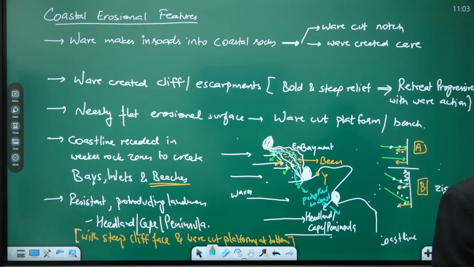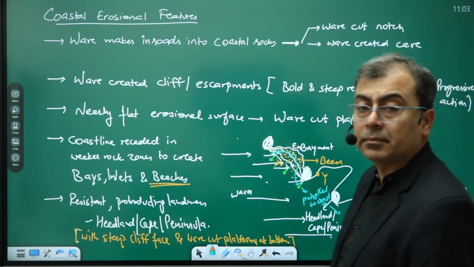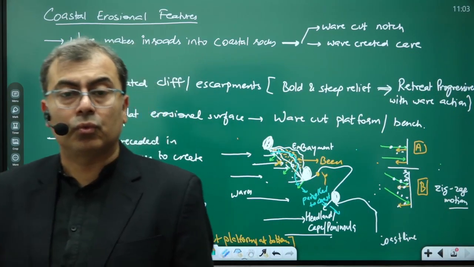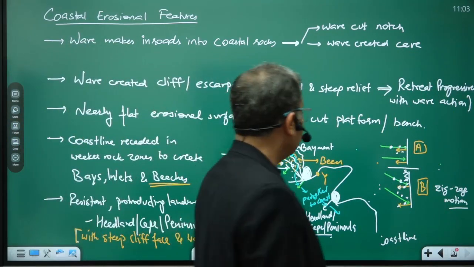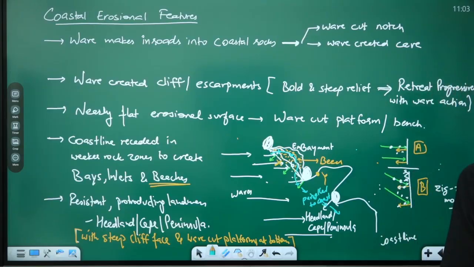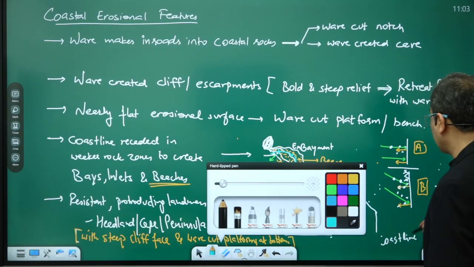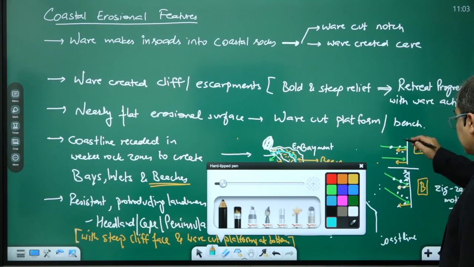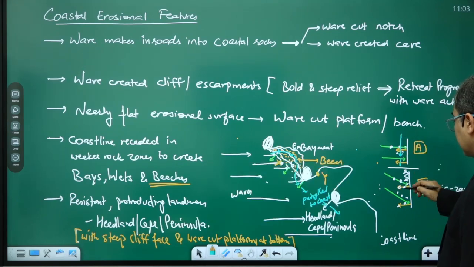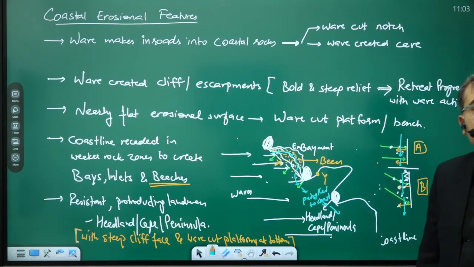Possible or not? True. Now, if sediments are jumping here and all that, and if that parallel flow of water is flowing like this, will it transport the sediments along or not?